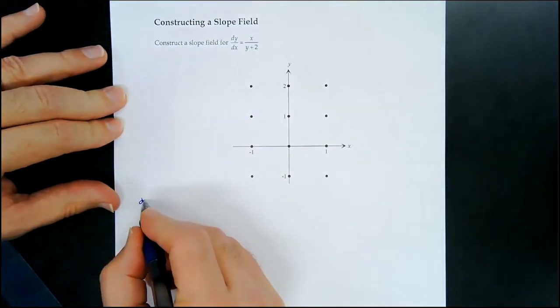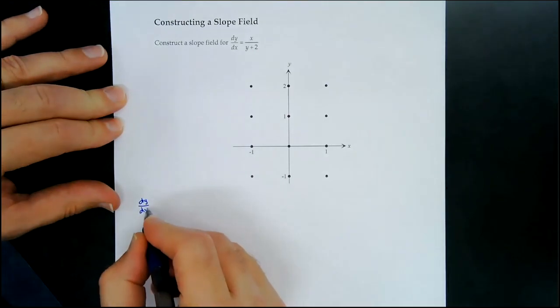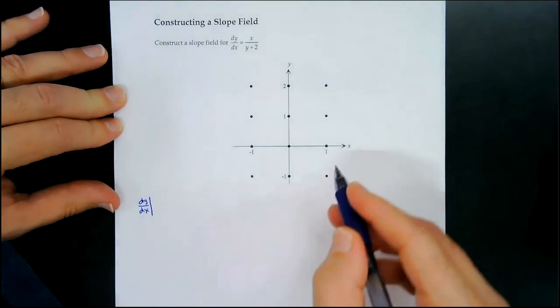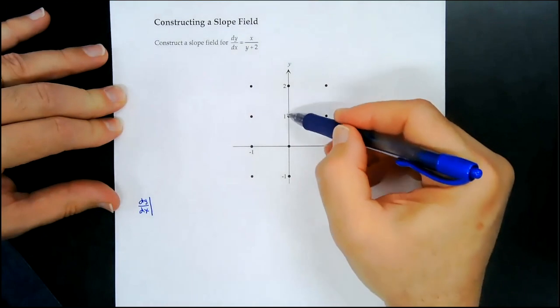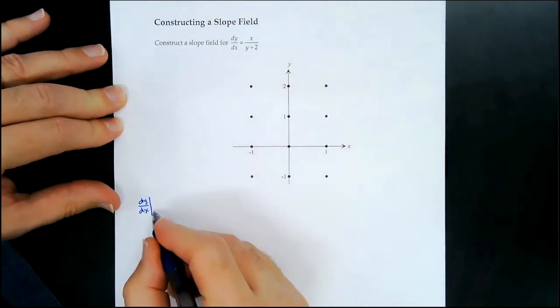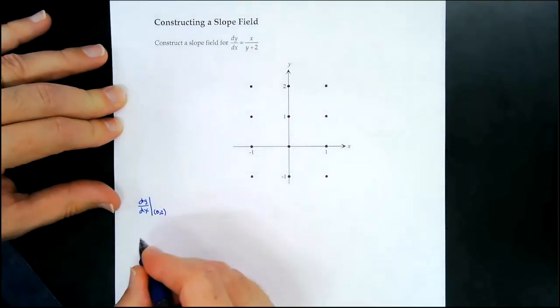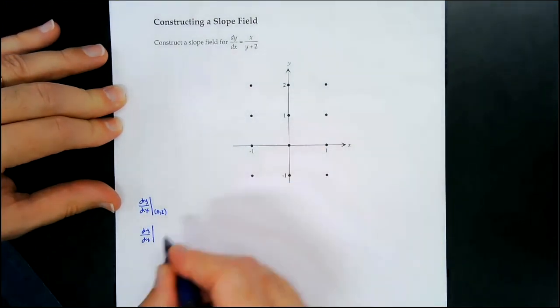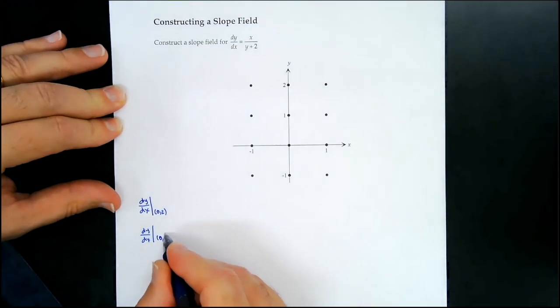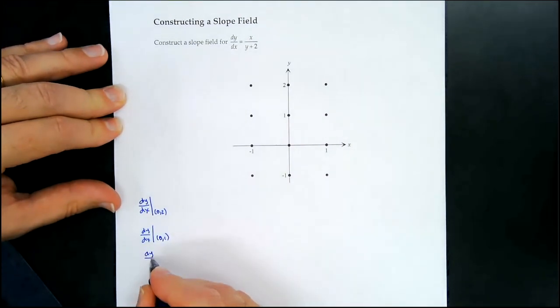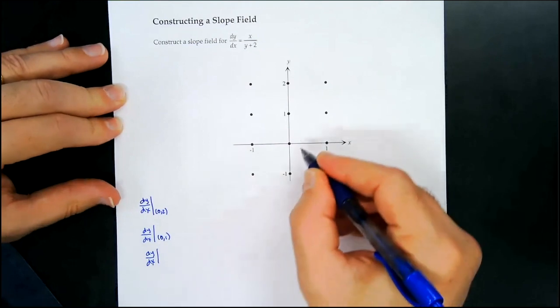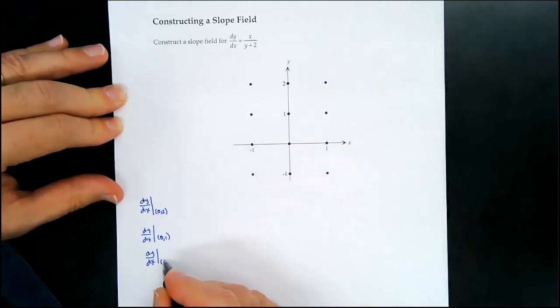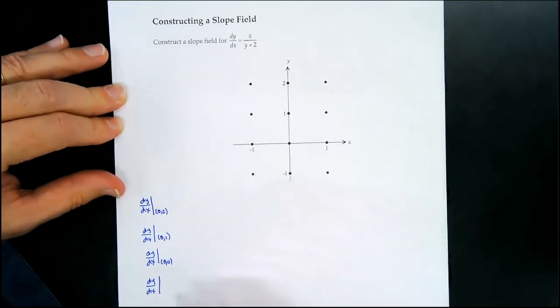So right off the get-go, dy over dx at, let's just do these right here, at (0, 2), and dy over dx at (0, 1), and dy over dx at (0, 0), and then dy over dx at (0, -1).